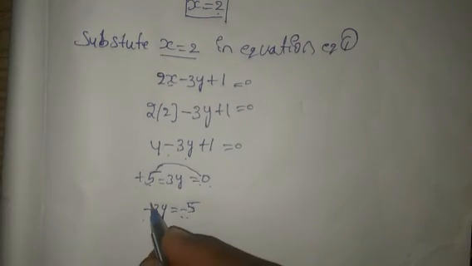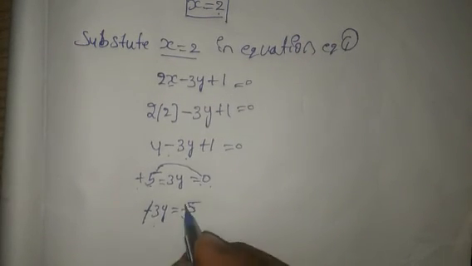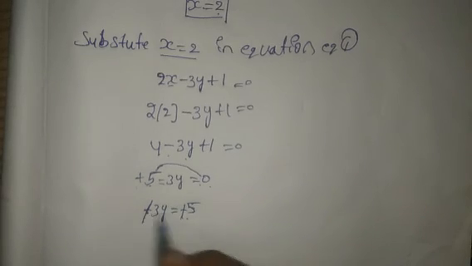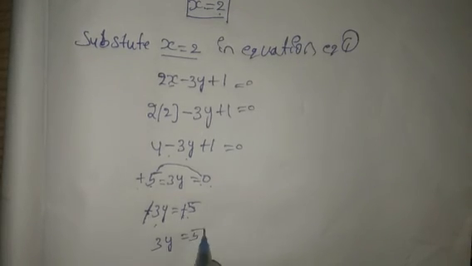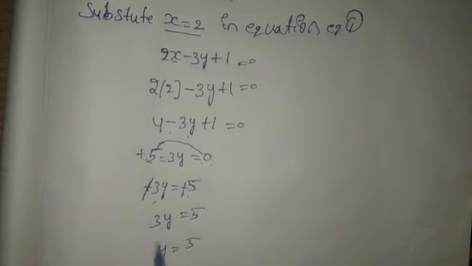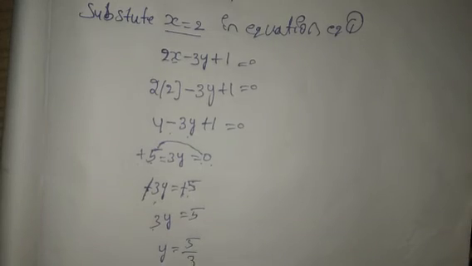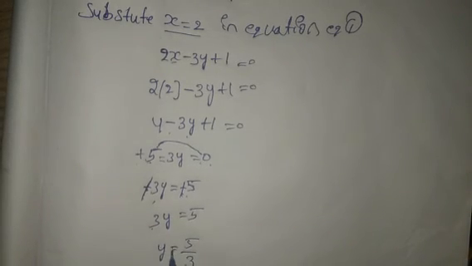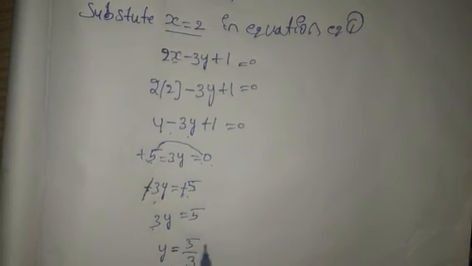So minus 3y equals minus 5. Now minus and minus can be cancelled. So 3y equals 5. So now y equals 5, and this 3 goes to the downside, so it is divided by 3. So we get the y value, that is 5 by 3.